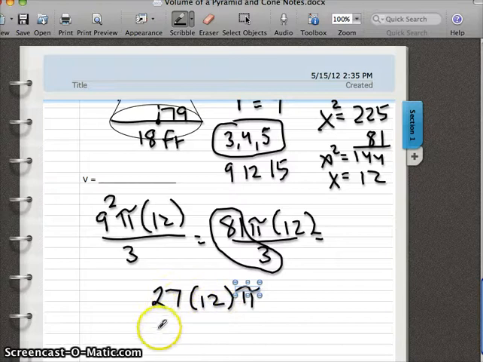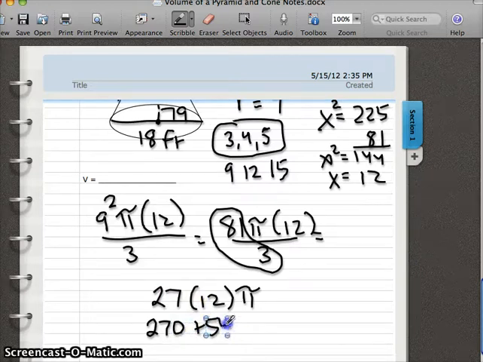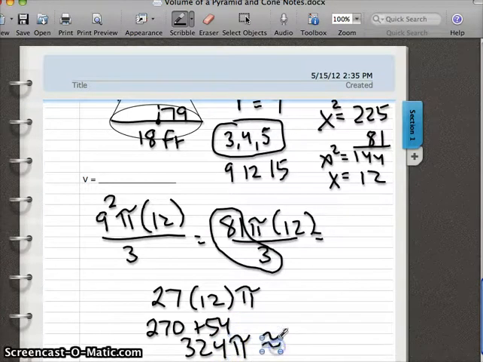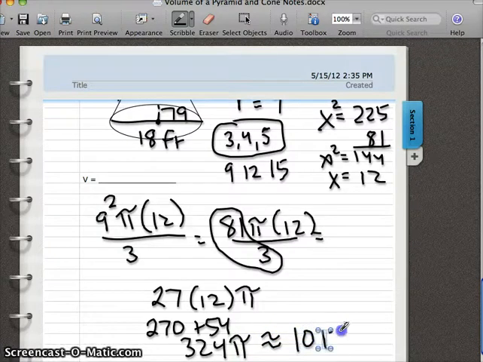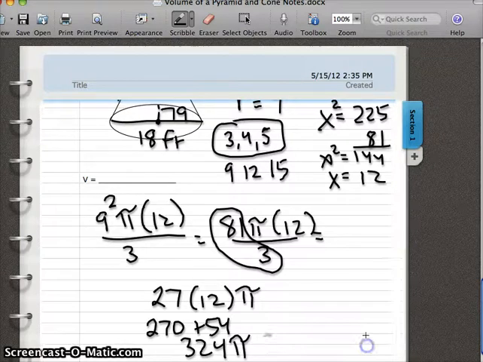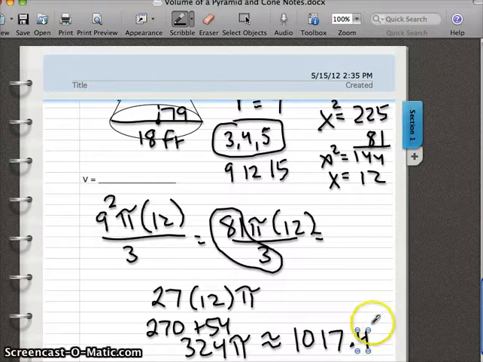We could do 27 times 10, that's 270, plus 27 times 2, that's 54, and we still got pi on the outside. 270 plus 54 is 324, we still got pi, and if we actually multiply that out, 324 times 3.14, we get approximately 1017.4-ish or 3.6 or whatever.